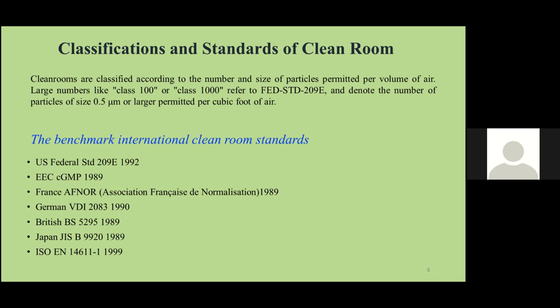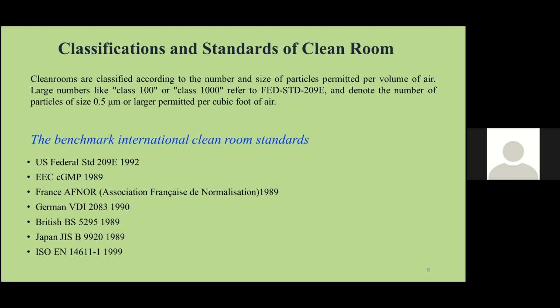Basically, in a clean room we measure only the 0.5 micron to 5 micron particle size. Why? Because 0.5 micron particles are the ones that let microorganisms or bacteria travel from one side to another.